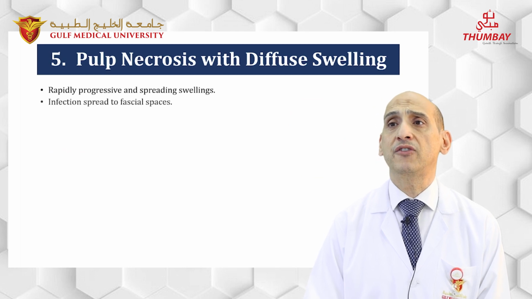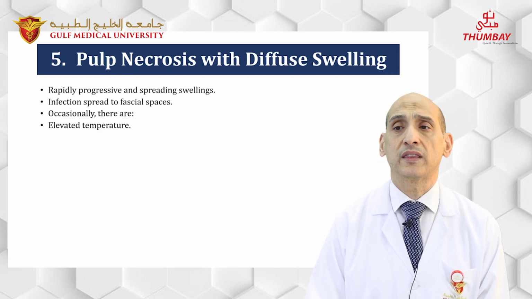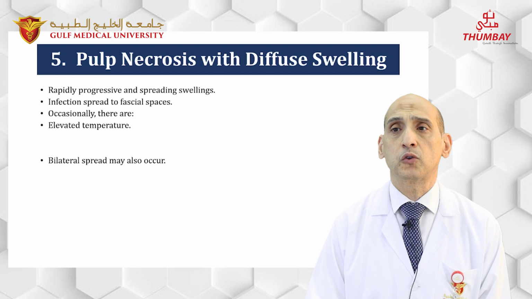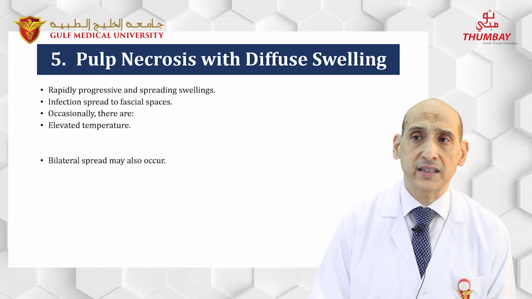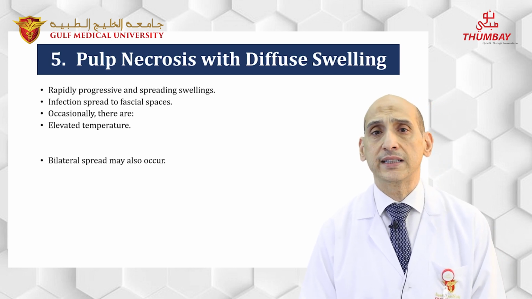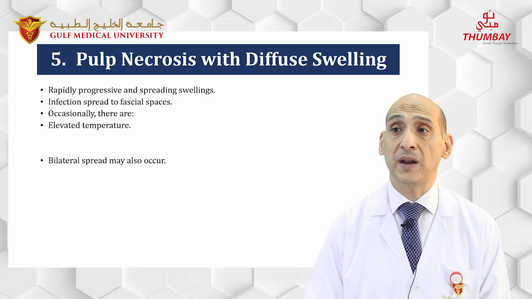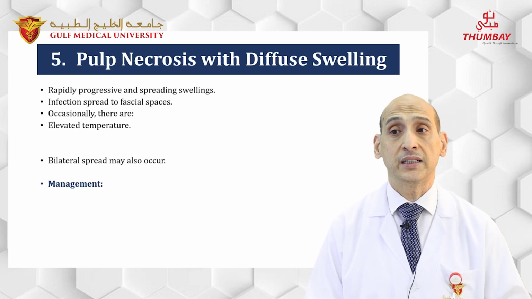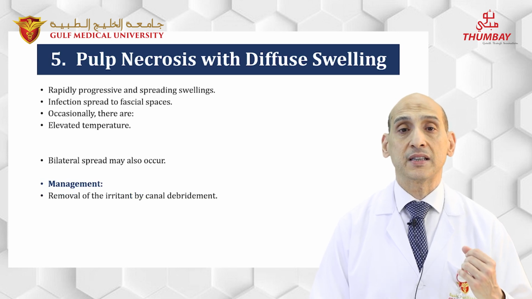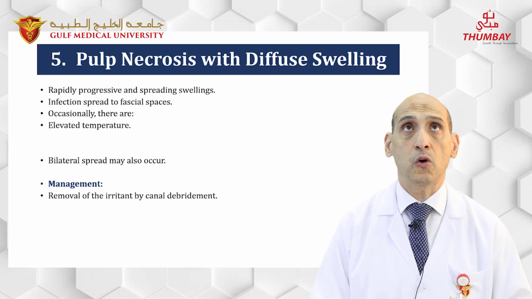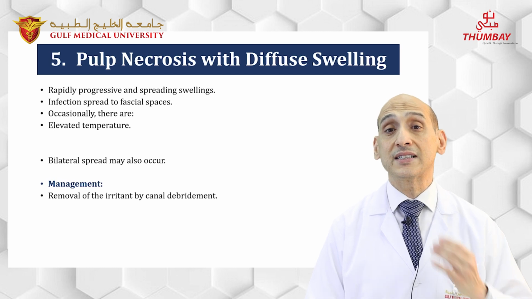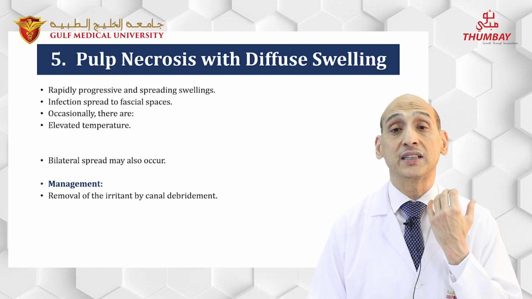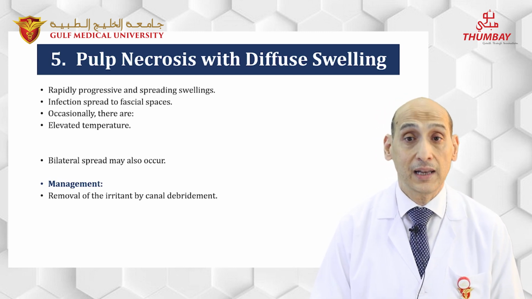Another condition is pulp necrosis with diffuse swelling, for example cellulitis cases. In these cases the infection has mostly spread to the facial spaces. There will be elevation in the temperature, sometimes limited mouth opening or trismus, and the infection can spread bilaterally.